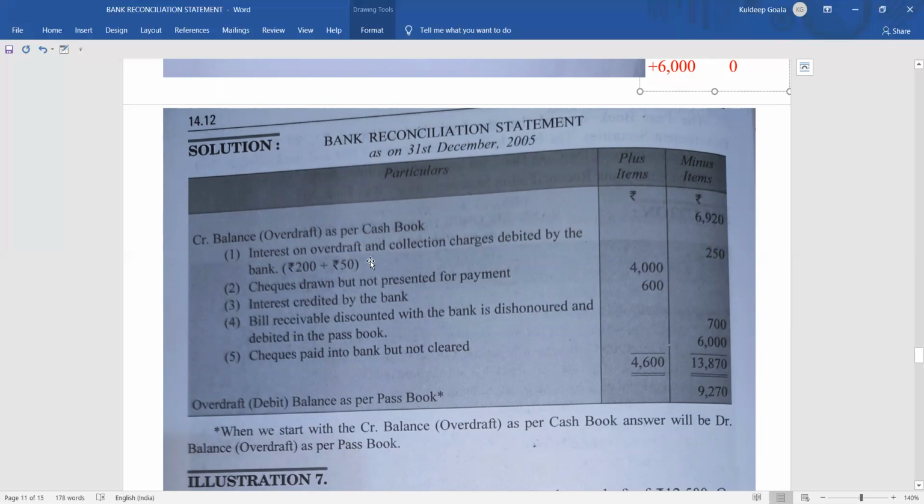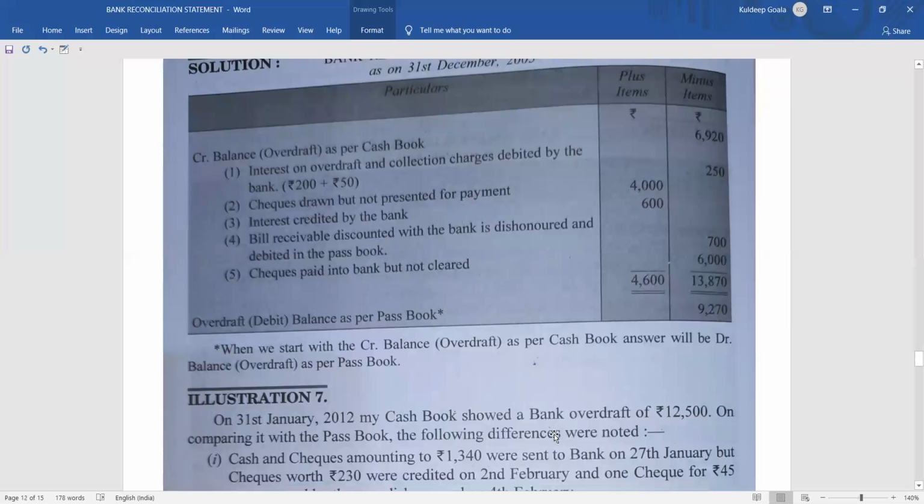This started with the overdraft balance per cash book, and since the minus total is more, the result is also minus, that is overdraft. What will you write? Bank overdraft balance as per passbook, or debit balance as per passbook, same thing, 9,270. I hope all of you have understood this and this sum is clear to all of you.